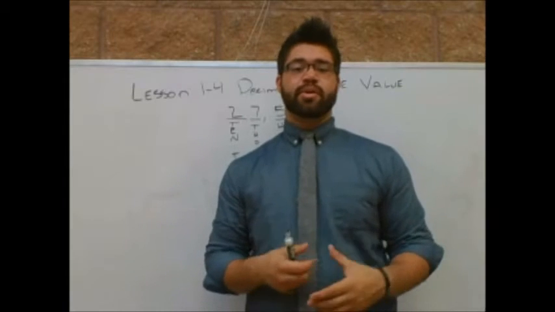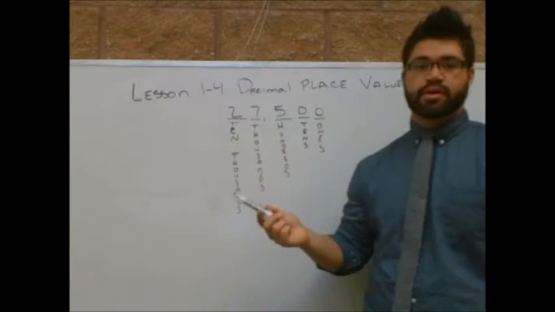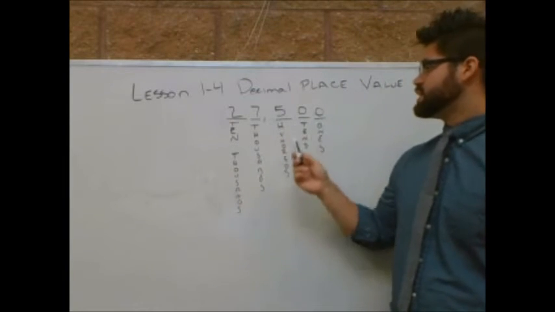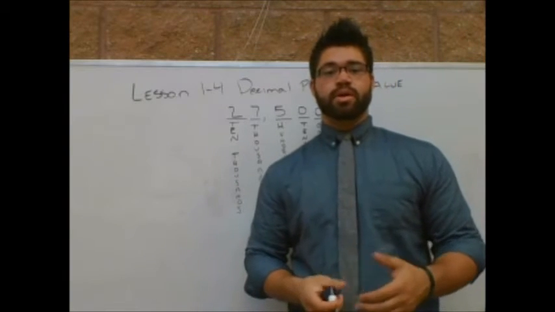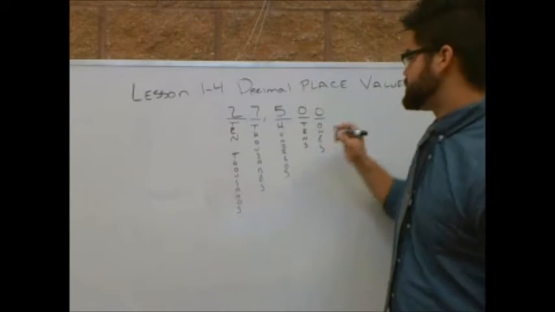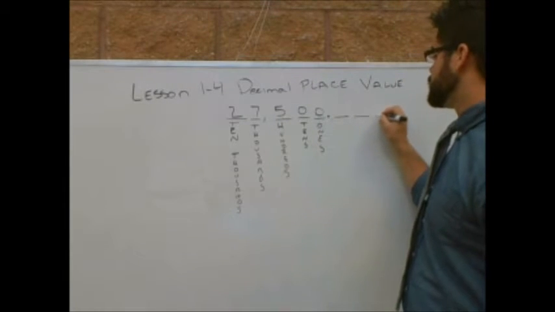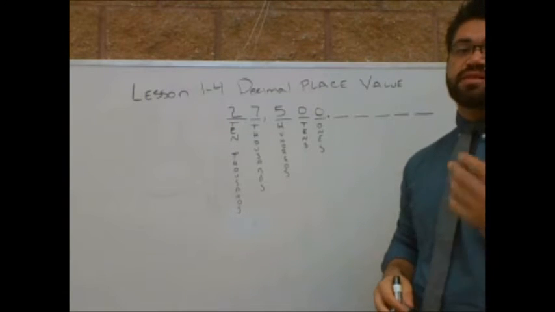To get started, I went ahead and wrote a number on the board, 27,500. You already know the place values of whole numbers: the ones, the tens, the hundreds, the thousands, and the 10,000s. But what we're going to talk about today is what happens if I throw a decimal in here. What are going to be the place values that follow that?